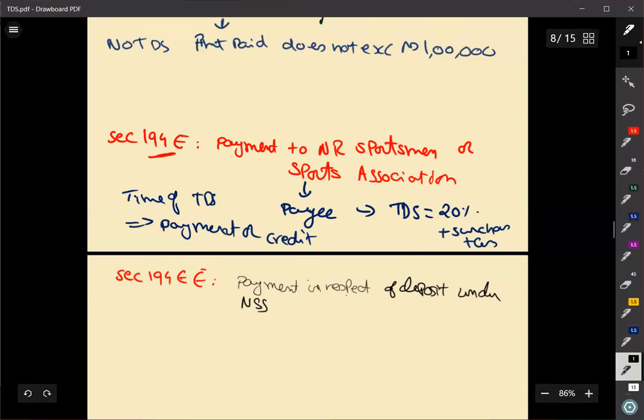There is something called NSS, the National Savings Scheme. So, payment in respect of a deposit under the National Savings Scheme.